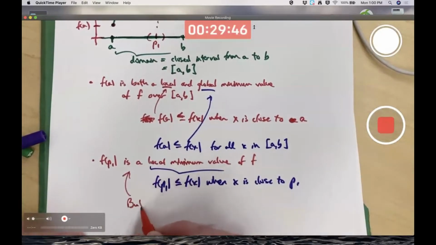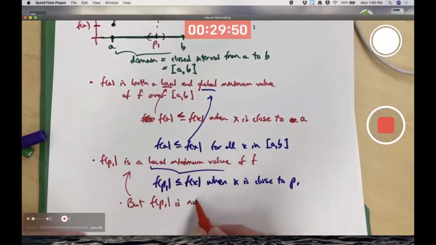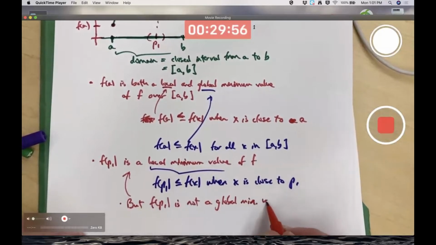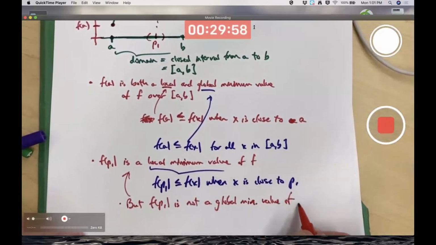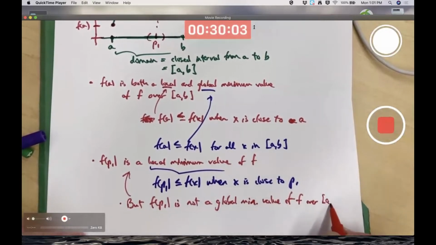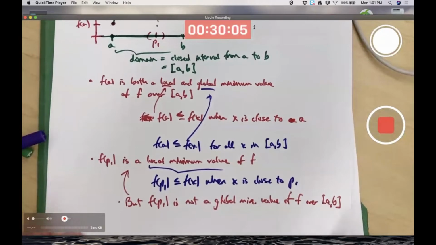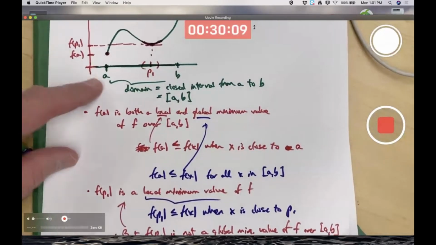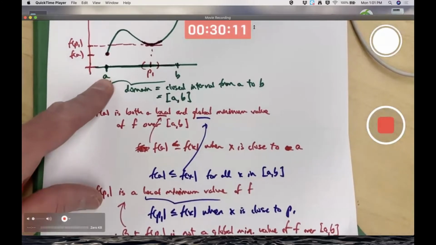But f of P1 is not a global min value of f over the interval, over its domain. Why? Because f of a gets lower, or even f of x when x is really close to a gets lower than f of P1.